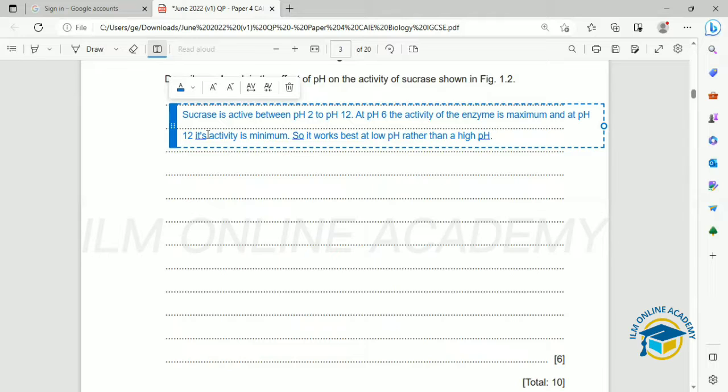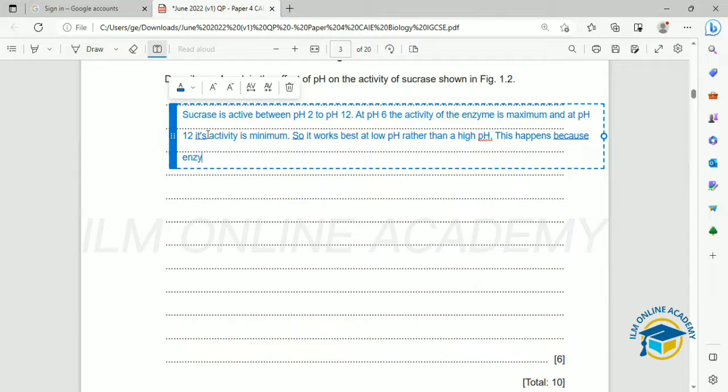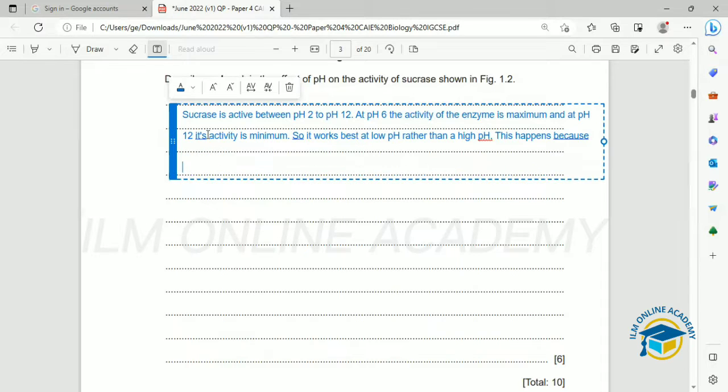And other than that you can say, so this happens because of the change in pH, because enzymes are sensitive to a change in temperature or pH, and they work best at their optimum temperature and pH.